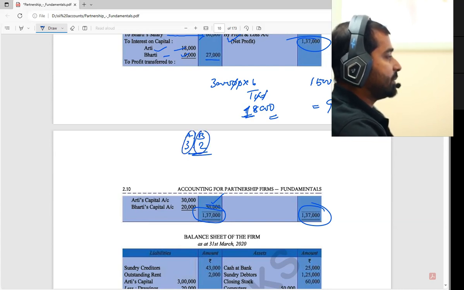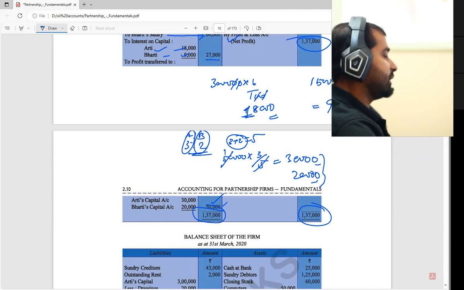Now check the 50,000 total amount into Aarti's share, which is 3 by 5, because 3 plus 2 is total 5. So 3 out of 5, how much would it be? 30,000? Yes, sir. One should be 30, another should be 20, because 30 plus 20 is 50. Right.